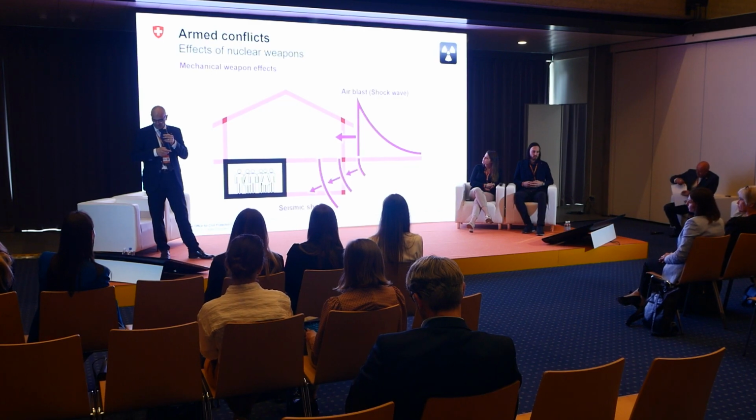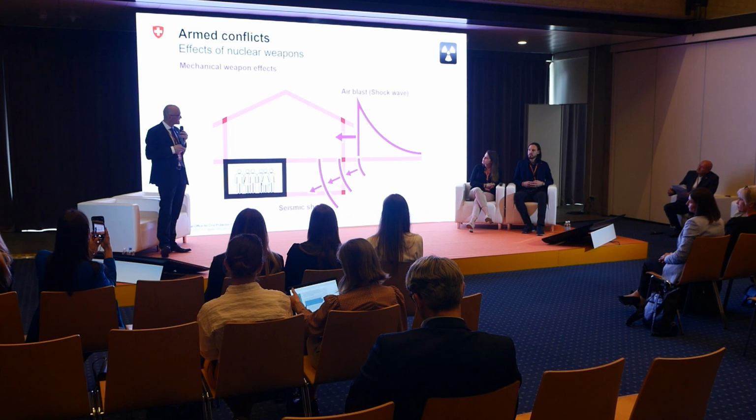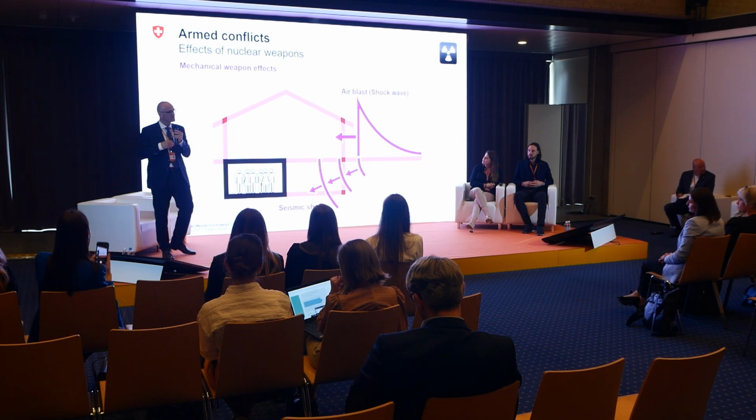If we talk about nuclear weapons, the main energy is from the air blast. We have some thermal radiation and we have some nuclear radiation. The air blast induces actually a shock wave in the ground. That's the ground shock. We tested this in the 1990s with our shelters in the US.